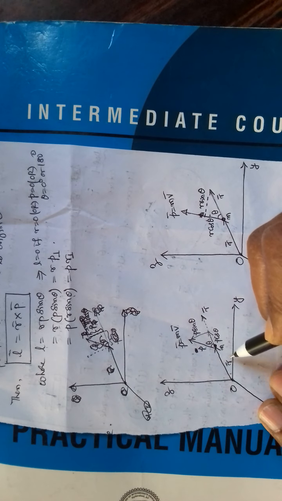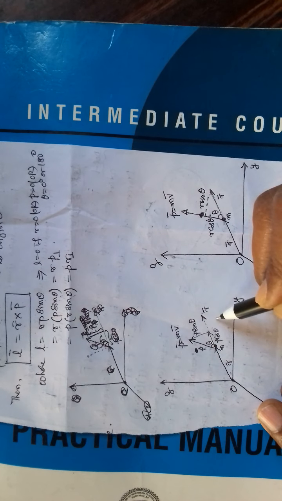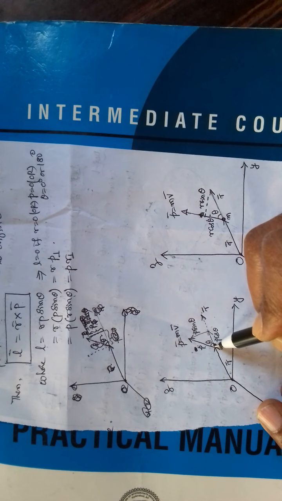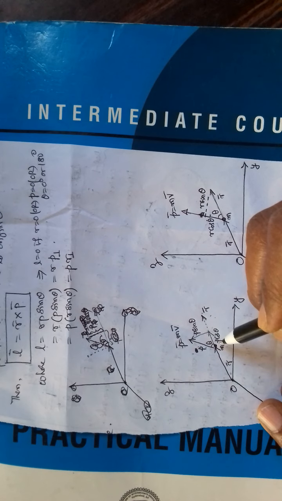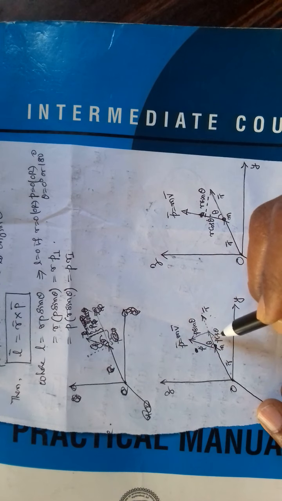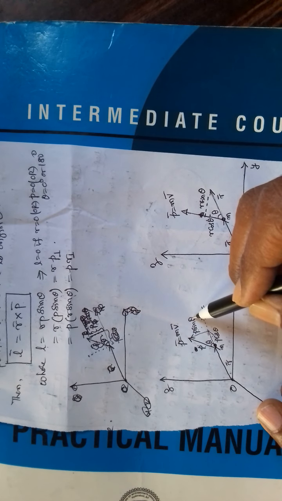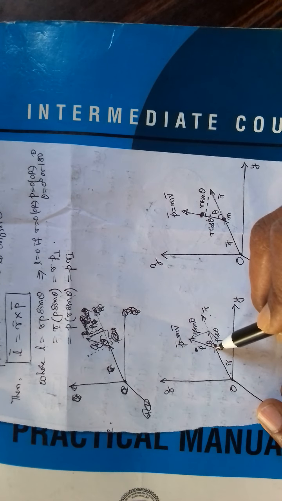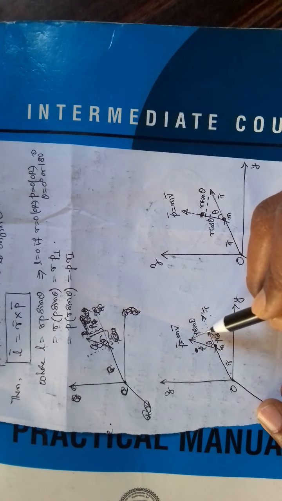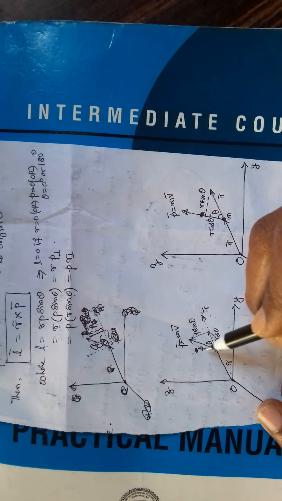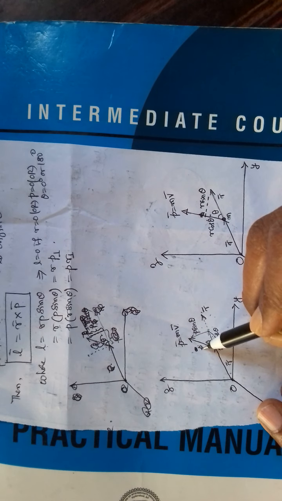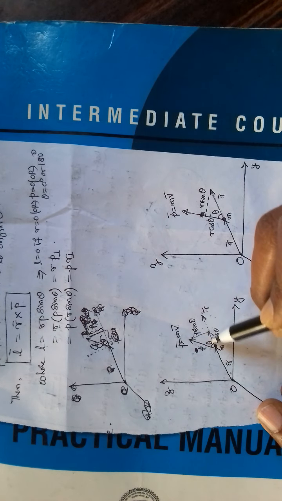Now let us shift the position vector in the same direction a little forward, such that both tails come in touch with each other. Then the angle between r and p is theta. Now if this is p, adjacent to the angle will be p cos theta and opposite will be p sin theta. See, this is the r vector and this is the component of p at 90 degrees to r.